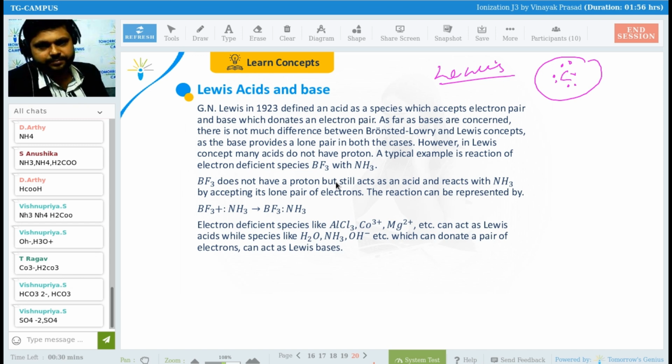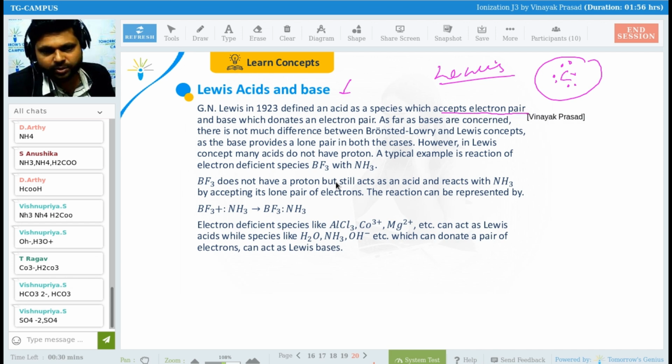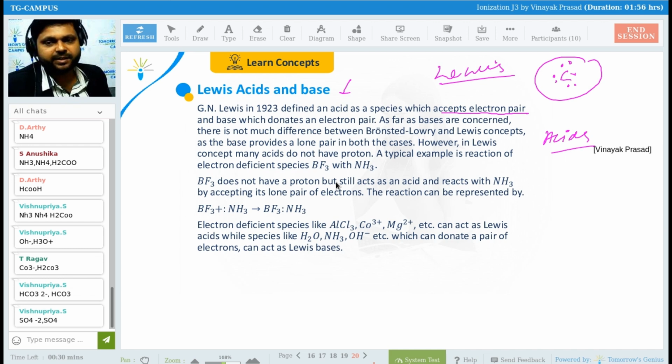So what has Lewis said about acid and base? See here, guys. Acid is that which accepts a lone electron pair, right? Acids are accepting electron pair, and bases donate an electron pair. So bases will be donating electron pair.